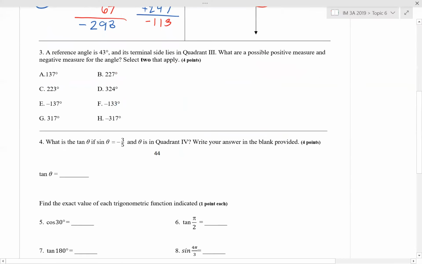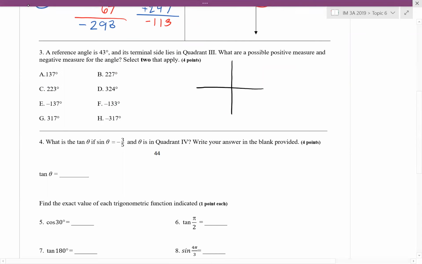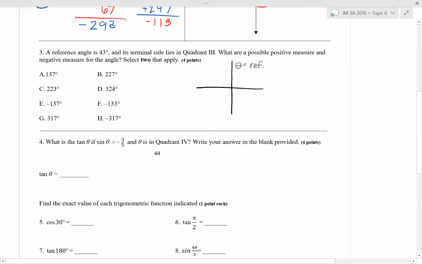Question 3 is asking about reference angles, and we were given formulas for finding them. In each quadrant we can find theta by knowing the reference angle: in quadrant 1 it is the reference angle itself, in quadrant 2 it's 180 minus the reference angle, in quadrant 3 it's 180 plus the reference angle, and in quadrant 4 it's 360 minus the reference angle.